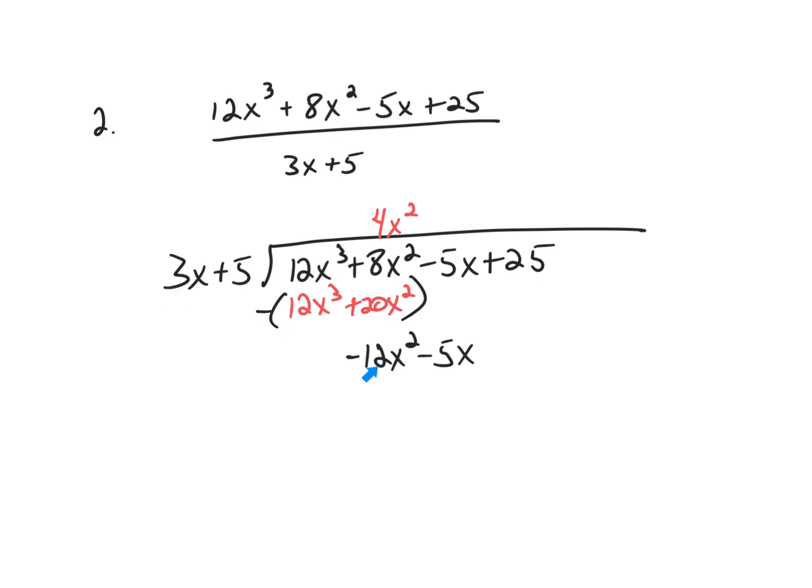Again, 3 goes into 12 4 times, but since it's a negative, that's going to be negative 4, and it's going to be 4x to the 1 power, because x goes into x squared x times. Now we multiply. Negative 4x times 3x is negative 12x squared. And then negative 4x times 5 is negative 20x.